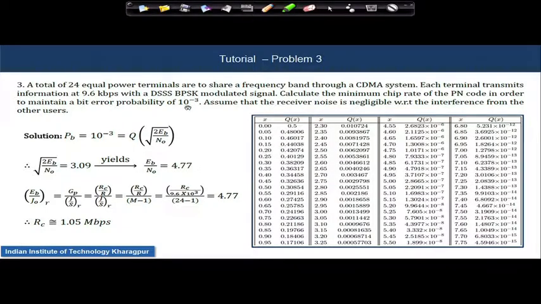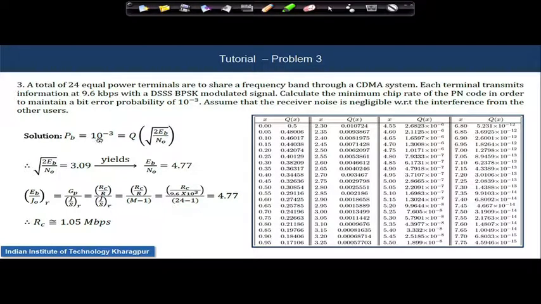This information is crucial because we need to map the 10 to the power of -3 probability to this subsequently. An important assumption is that the receiver noise is negligible with respect to interference from other users. So proceeding with the problem, we invoke the bit error probability expression for BPSK, which is in terms of the Q function, and the argument is √(2Eb/N0).